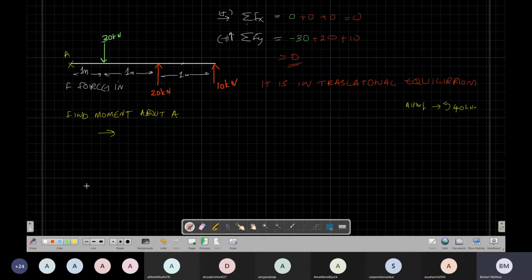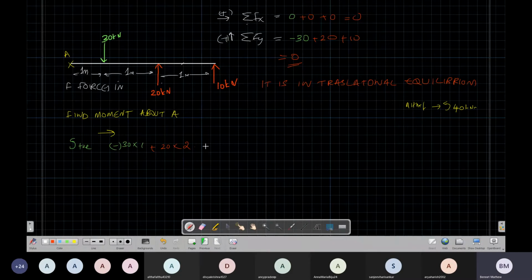So you know how to do this. We assume anticlockwise is positive. The 30 is trying to rotate in the clockwise direction, so 30 times 1 with a minus sign. Now 20 is trying to rotate anticlockwise, so that will be plus 20 times 2 meters.